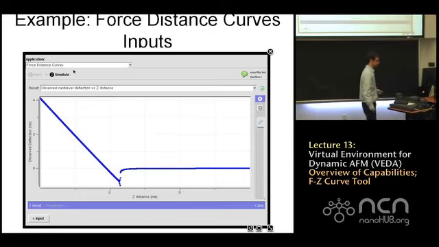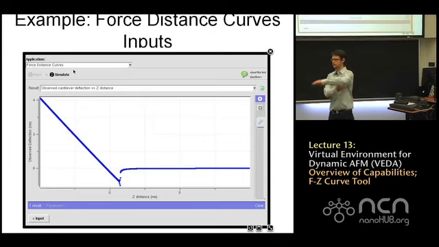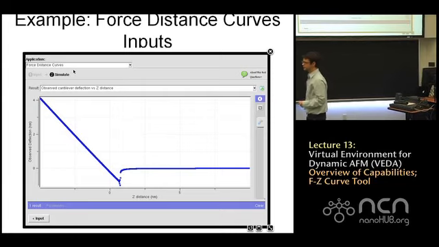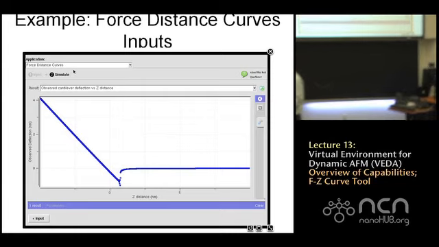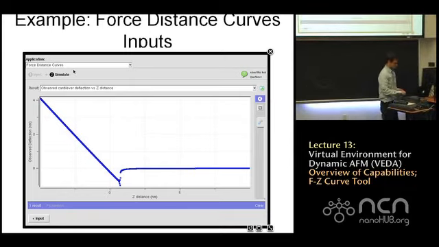If you select this one, the x-axis is the z displacement of the cantilever, and the y-axis is the measured deflection of the tip of the cantilever. This is typically what you'll get in the force distance curves experiment, the first result that comes up if you do this experimentally.